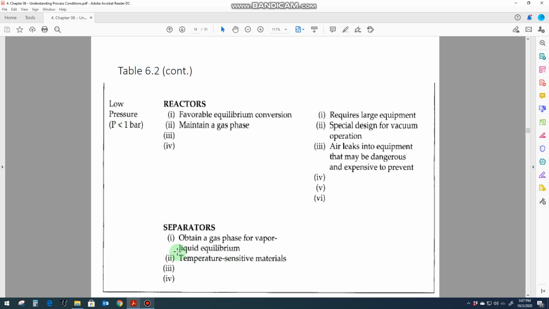Obviously, if we decrease the pressure of any liquid, the boiling point would be reduced, and that would help with temperature sensitive material. We have seen one example of acrylic acid in the previous lectures, and how we can avoid reaching the temperature where the material can deteriorate.